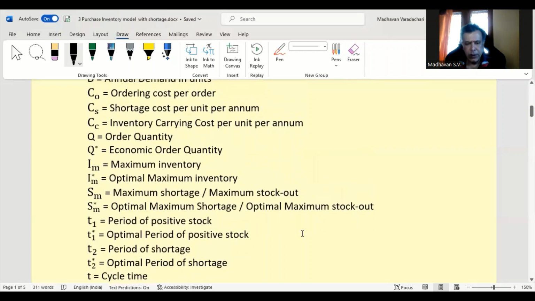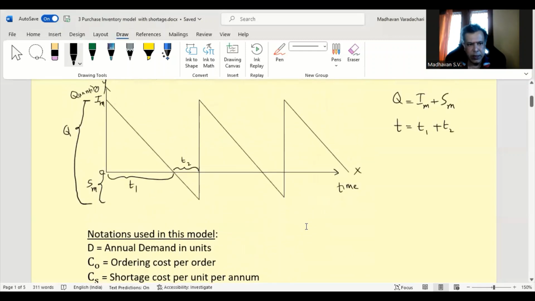Now going back to this, we may notice that IM can be expressed as D times T1, the annual demand times T1. That will be the maximum inventory.